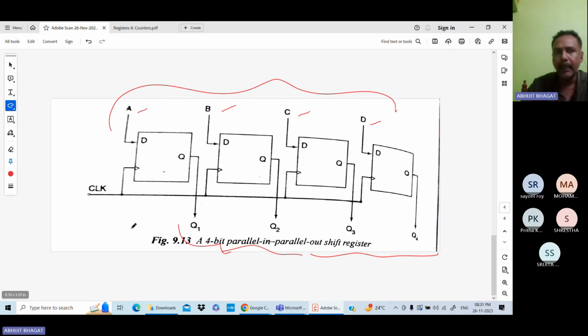Design is very simple. And topic is also very easy. Parallel in, parallel out. Data is in parallelly. You can see A, B, C, D all are in parallelly in the flip flop. And this Q1, Q2, Q3, these all are out parallelly. यहाँ पे PR और CR भी connect कर सकते हो. Your PR, CR, this is PR.